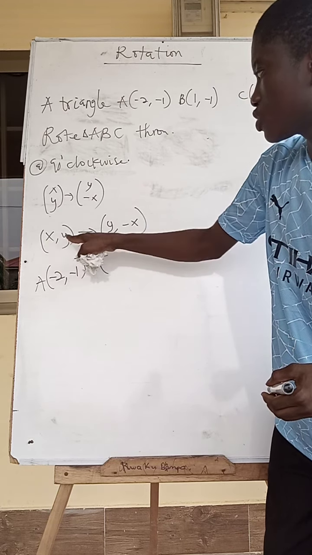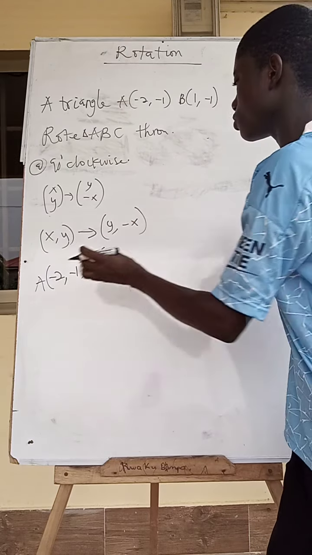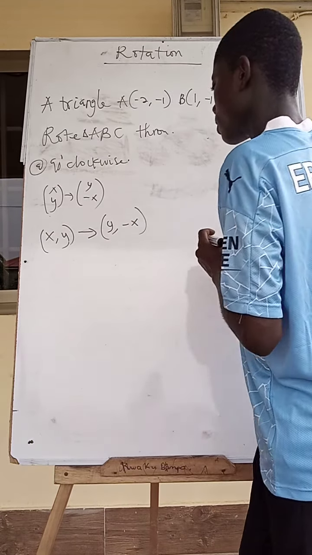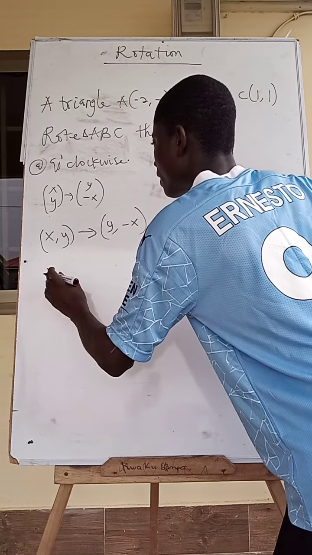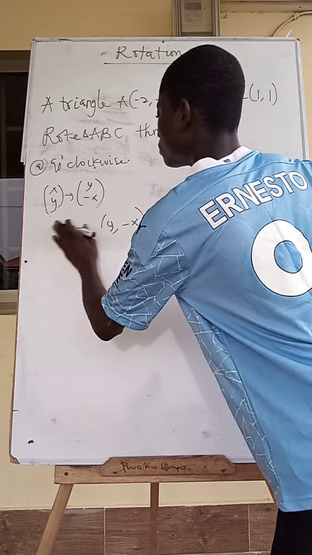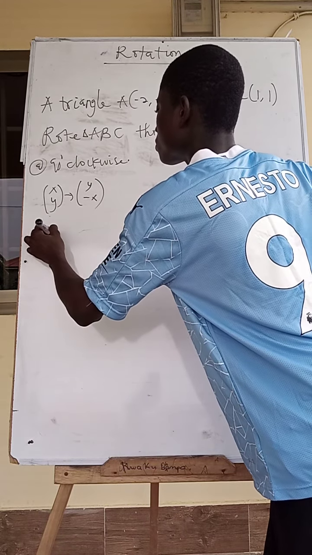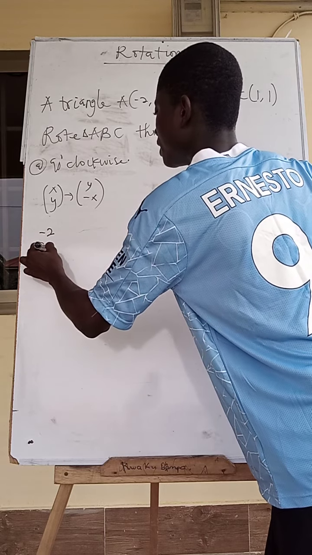So here, which one is leading? y is now leading. So the y here is negative 1. So we're going to write negative 1, which is y. Then the x, we are negating the x. Let me do it this way so that my student will not be confused. x, y.